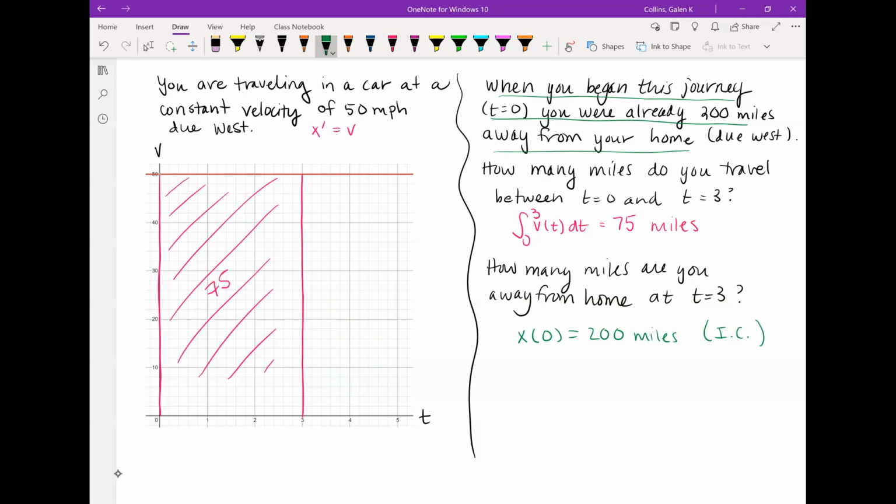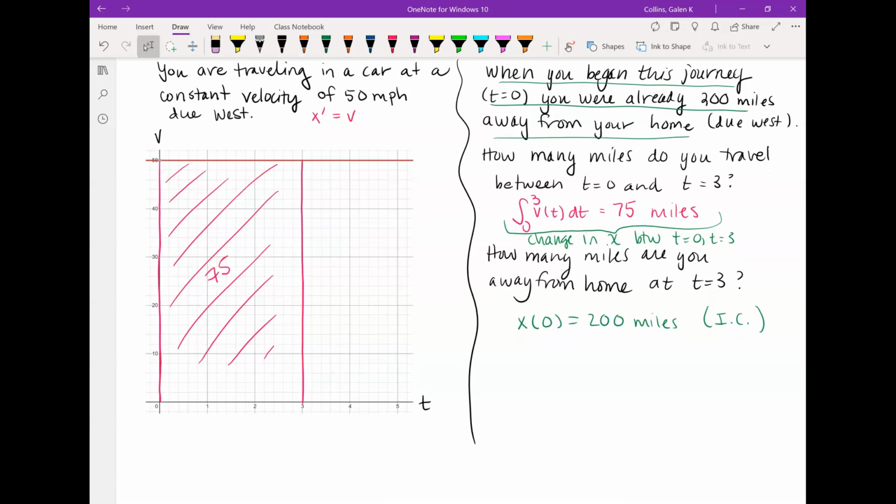Then we also know that the definite integral of v from 0 to 3 gives us the change in x, so the change in position between t equals 0 and t equals 3.